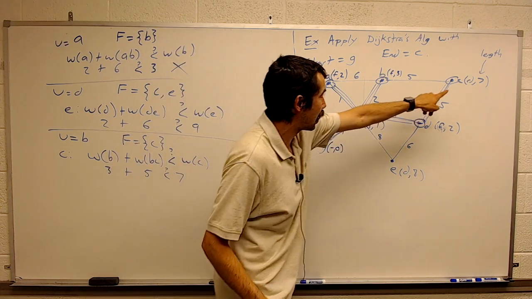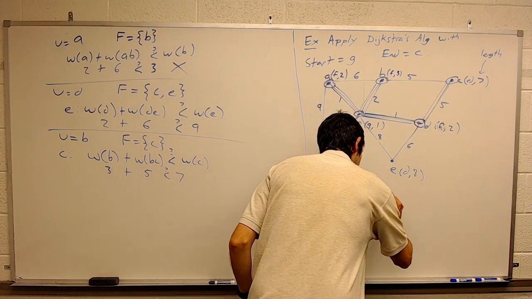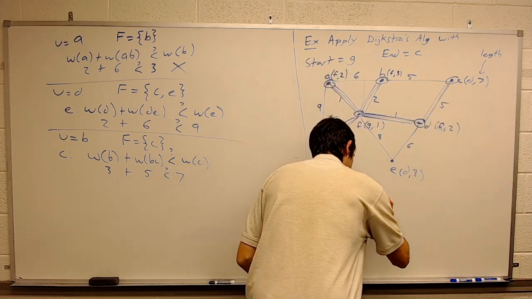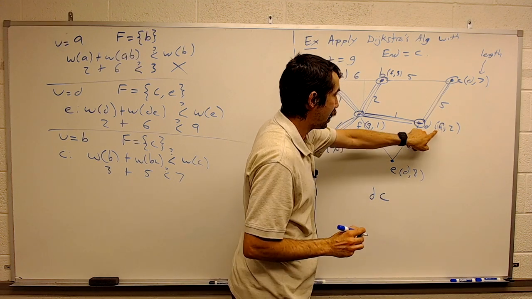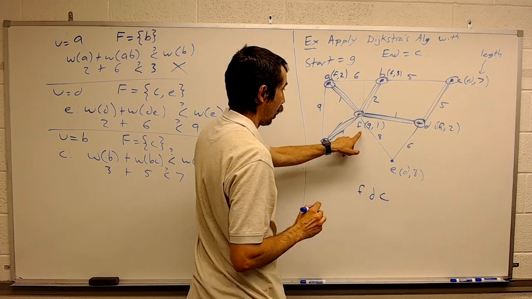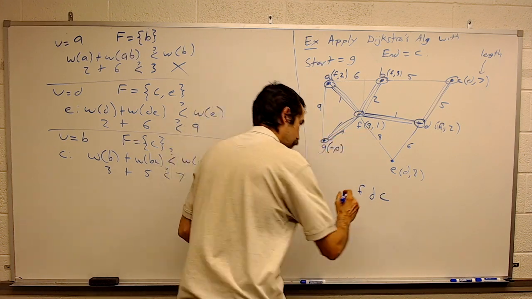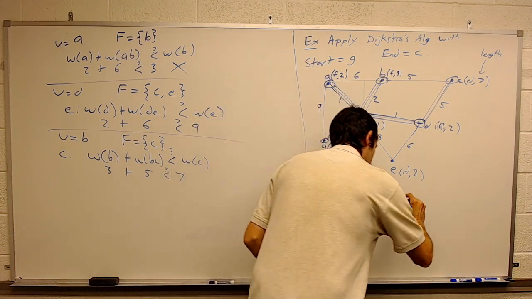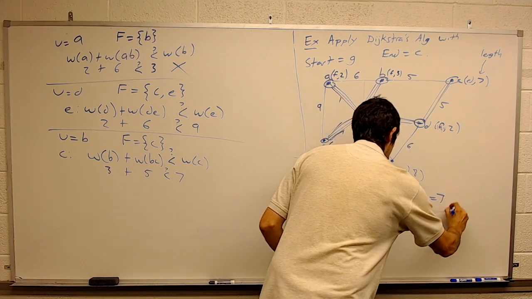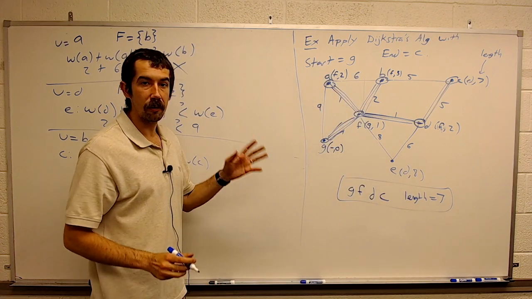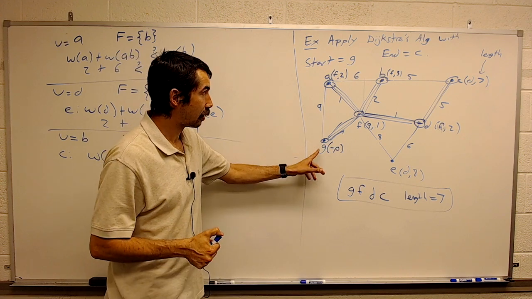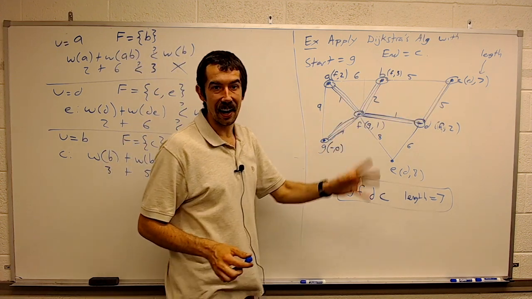Well, we know it ends at C. We came from D. D came from F. And F came from G. All right, so this is the shortest way to get from G to C on this graph.